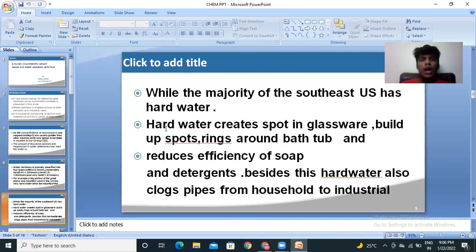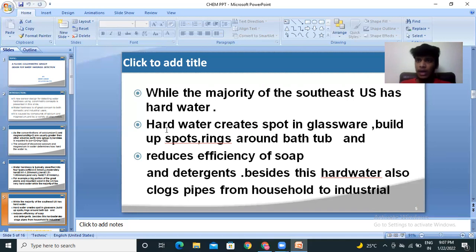Hard water creates spots in glassware, build up spots, rings around bathtub, and reduces efficiency of soap and detergents. So we all know that hard water creates spots in glassware, build up spots, rings around the bathtub.